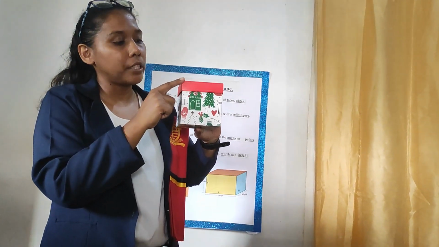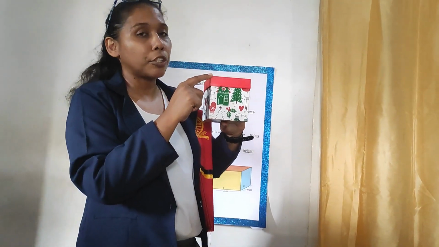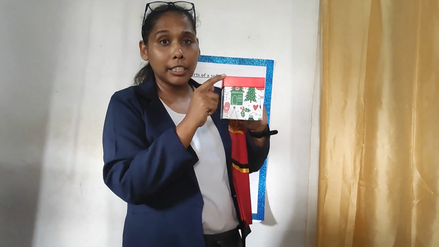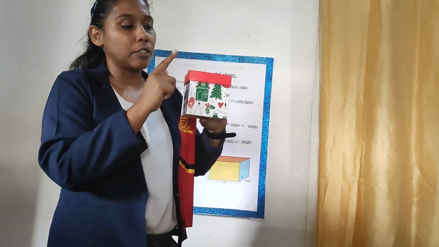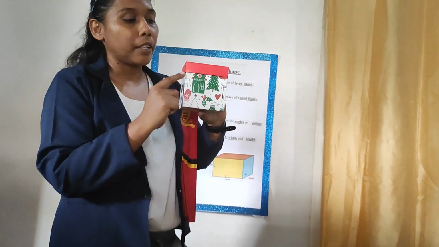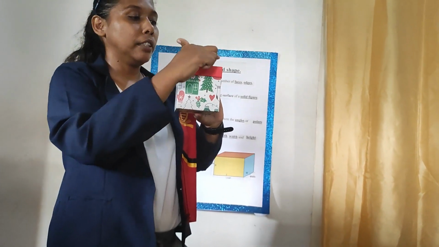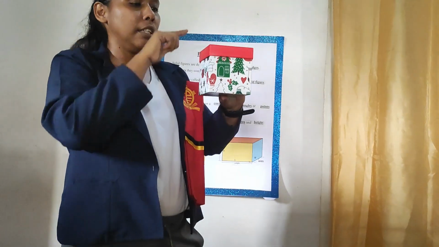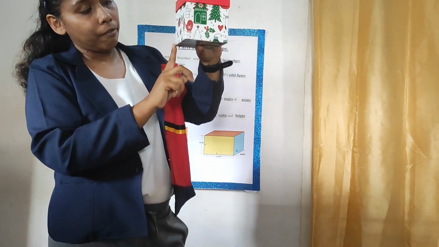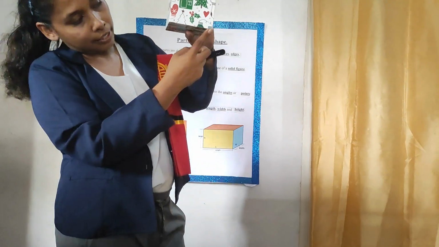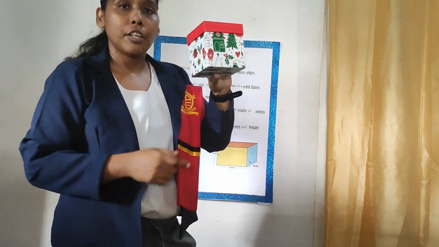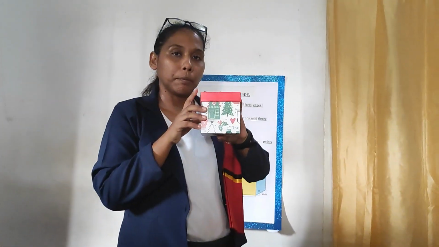So let's count the points or the vertex. Singular is vertex, plural is vertices. So we have vertices here. Let's count. 1, 2, 3, 4, 5, 6, 7, 8. So we have 8 vertices on a cube.